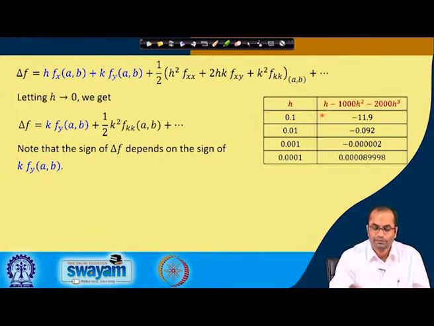So, for sufficiently small h, however large these numbers are, the sign will be determined by the first term.